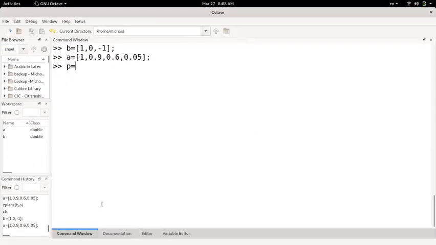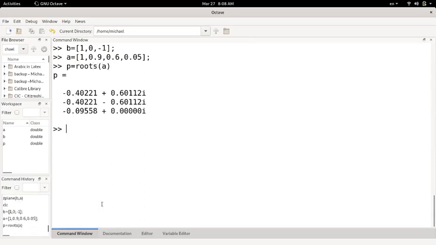So poles equal roots of a. Now we have 3 poles, and one of them is real valued and the other 2 are complex conjugate poles. And as expected, because it's a third order polynomial, we have 3 poles. If you want to get the zeros, zeros are basically the roots of the feed-forward polynomial, or the polynomial in the numerator, which is b. So now we have 2 zeros at 1 and at minus 1.